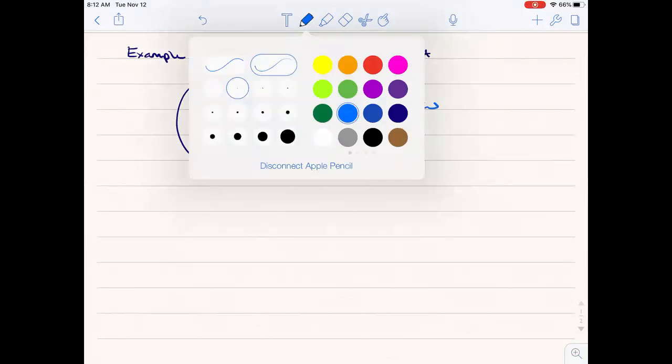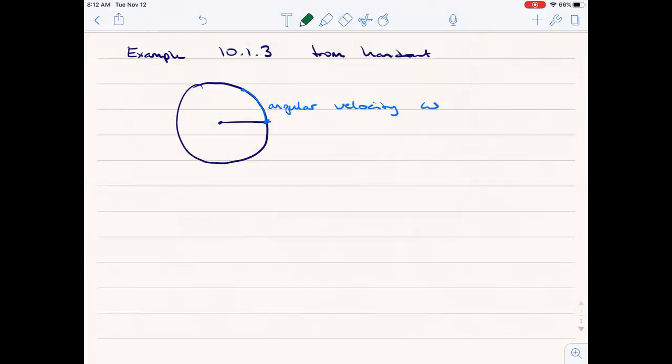And we can straighten that out and calculate a linear velocity, v.